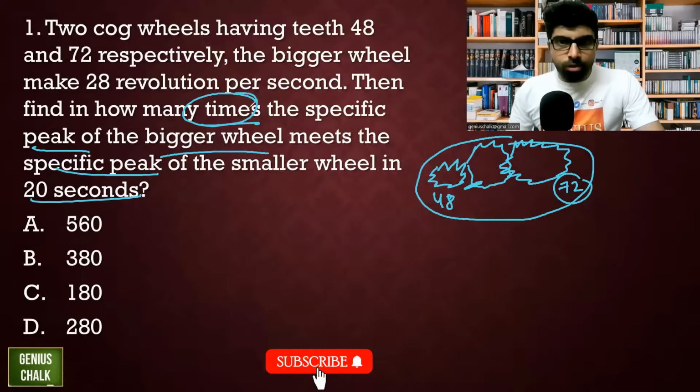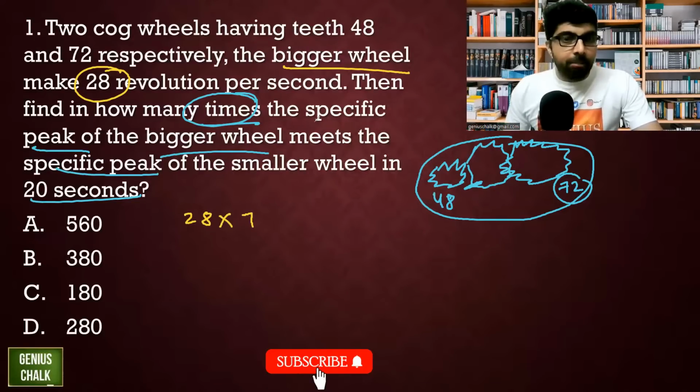So first of all, we have to find that it is given that 28 revolutions are made by the bigger wheel, that means 28 revolutions are taken by the bigger wheel per second. So the bigger wheel is having 72 teeth.